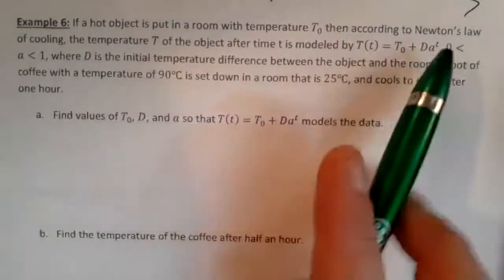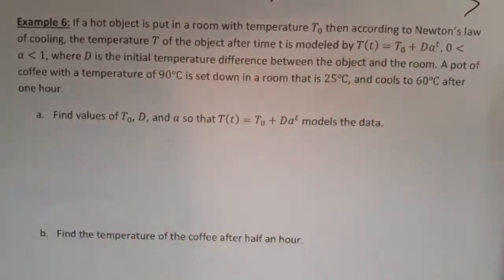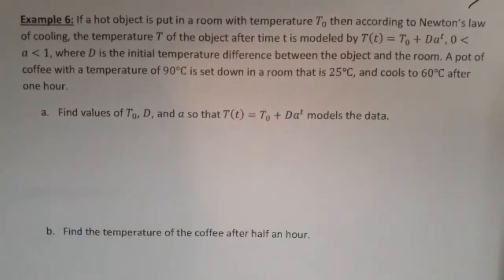The lowercase represents the time, the uppercase represents the temperature. Where D is the initial temperature difference between the object and the room. A pot of coffee with a temperature of 90 degrees Celsius is set down in a room at 25 and cools to 60 after 1 hour. They want us to find this function that models the data.